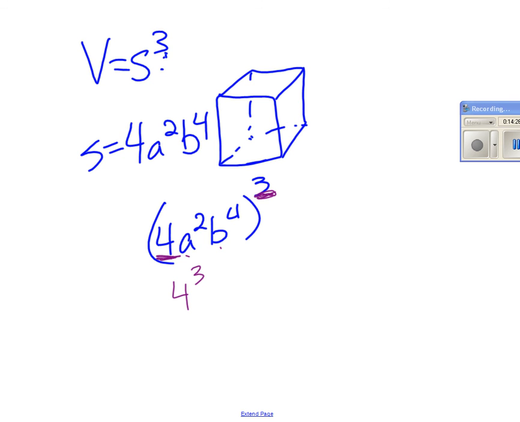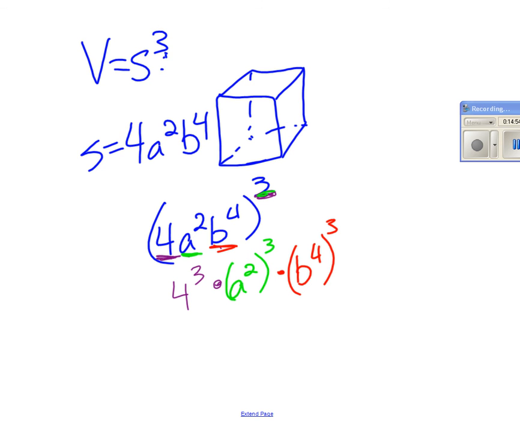Times. Now we look at the a. Right now we have a squared, and we're going to cube it. And then we look at our last term, so this is going to be times b to the 4th, cubed.